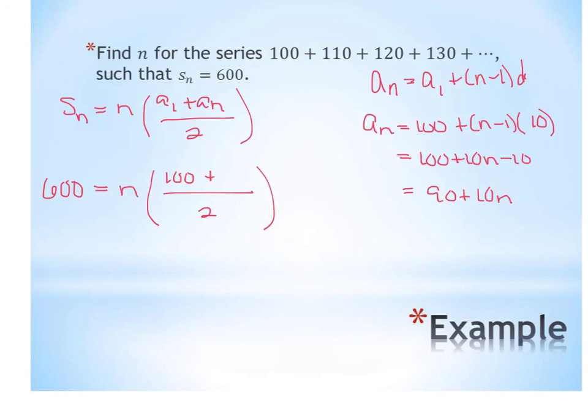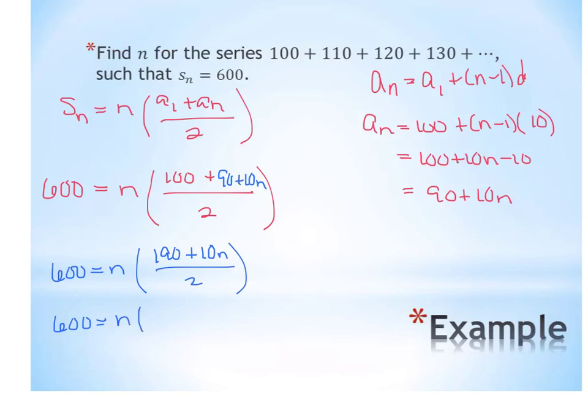So if we insert it over here, 90 plus 10n, do a little bit of simplifying, n times 190 plus 10n, and then that so nicely divides by 2, so we're going to have 95 plus 5n. With a little bit of distributing, that is 95n plus 5n squared.